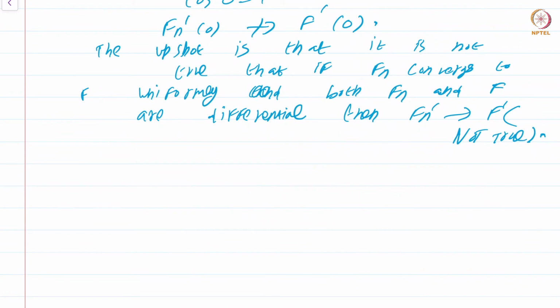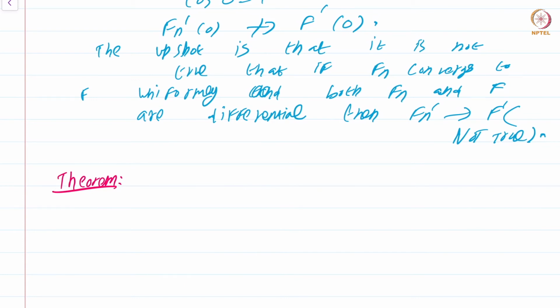So I have to state the next theorem, which is going to tell you when this happens in a much more nuanced way. By the way, it needn't be the case that the limit function f is differentiable.